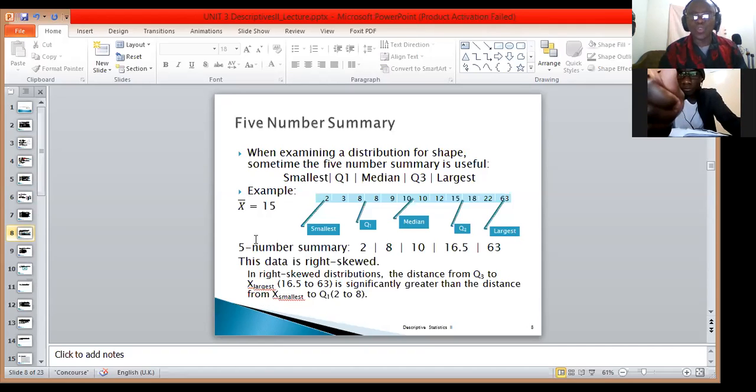We pick the two numbers at the center, 8 and 8, add them together and divide by 2. That is your median of the lower part, which becomes your first quartile.